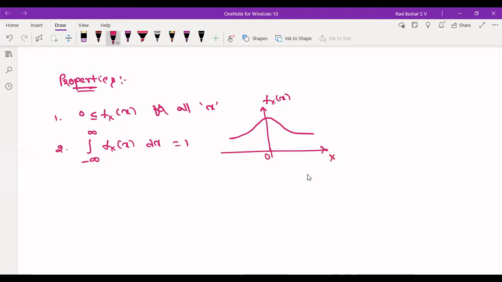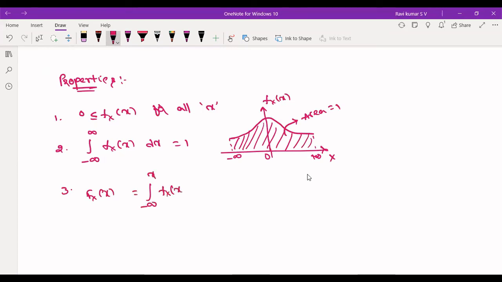It is given in the range of minus infinity to plus infinity, so I can take the limits here. So the total area under this curve from minus infinity to plus infinity is taken as unity as per this property.